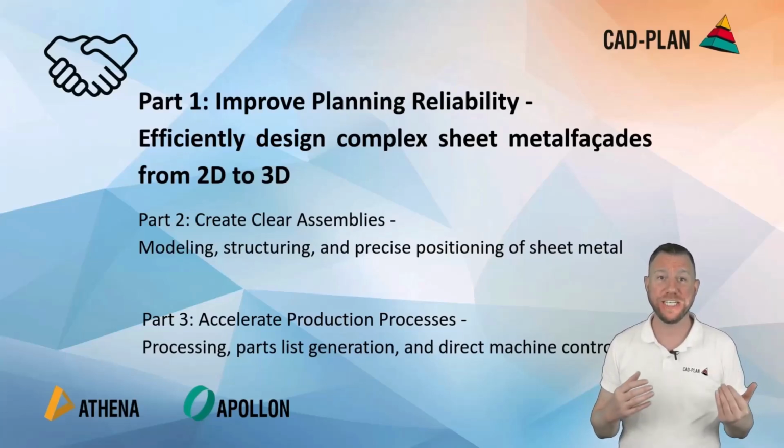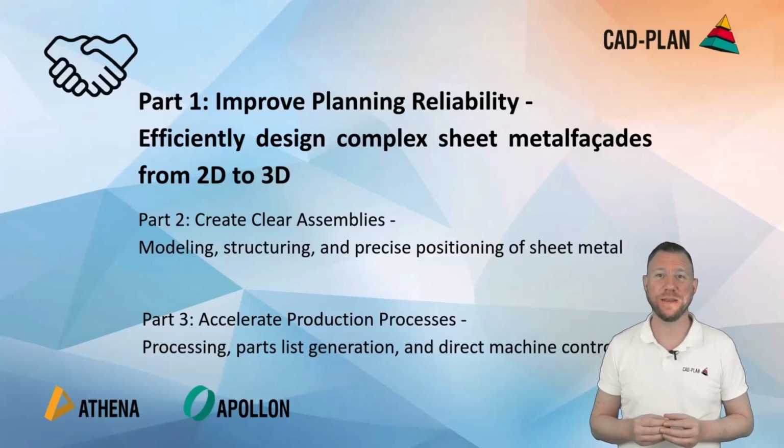Part 3 clearly demonstrates how the CAD Complete Collection not only supports planning and engineering, but also actively integrates manufacturing. The result is a seamless workflow with greater structure, higher reliability, and improved efficiency throughout the entire project lifecycle.